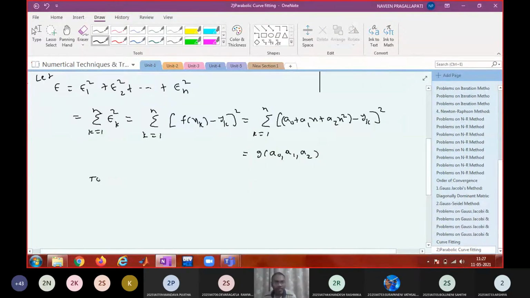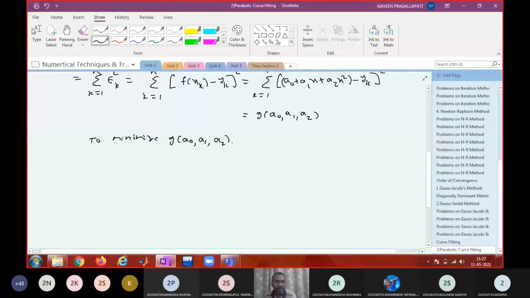Now to minimize g of a0, a1, a2, that means dou g by dou a0 equal to 0, dou g by dou a1 equal to 0, dou g by dou a2 equal to 0.